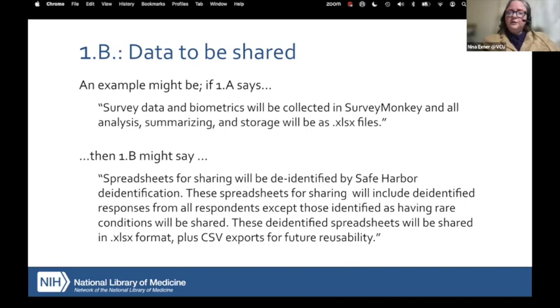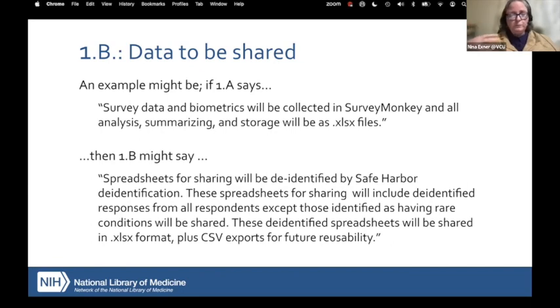So if my 1A says survey data and biometrics will be collected in SurveyMonkey and everything is going to be Excel files, then 1B, where I go from collection to sharing, might be: spreadsheets for sharing will be de-identified by safe harbor de-identification. The spreadsheets for sharing will include de-identified responses from all respondents except those identified as having rare conditions.